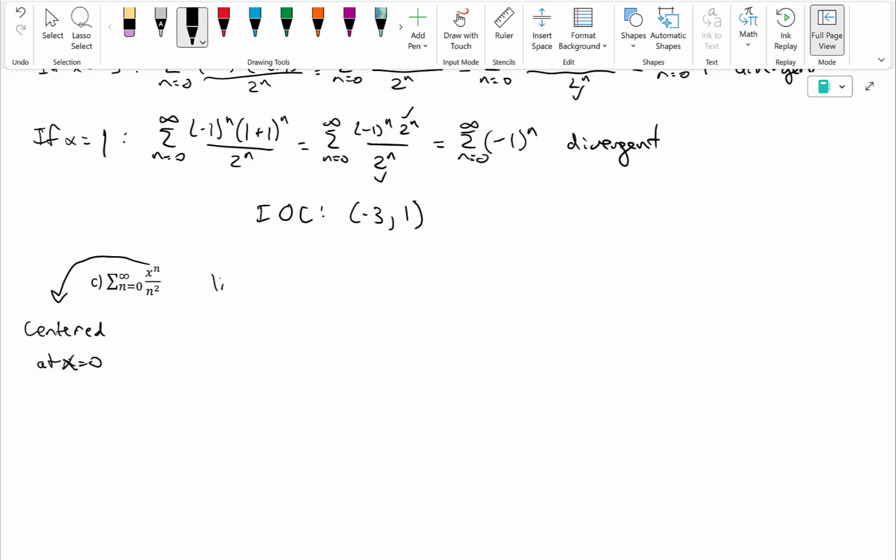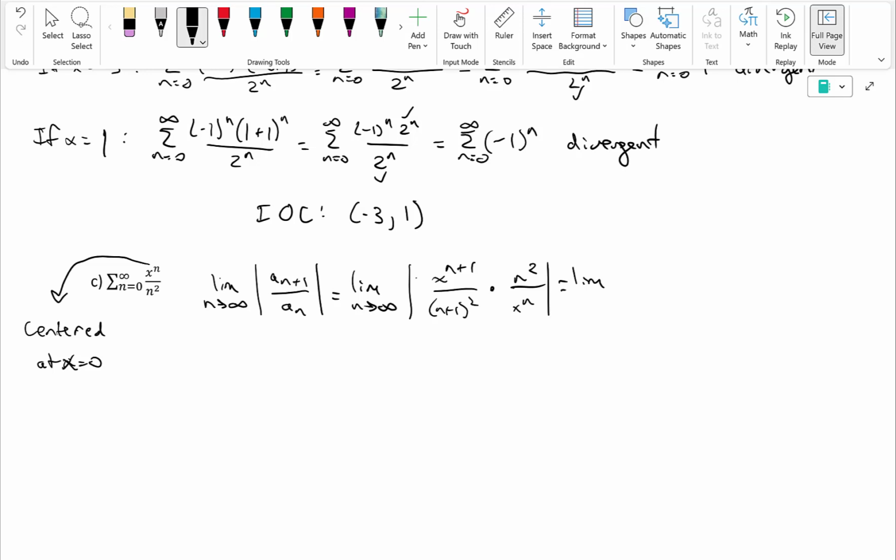All right, if we look at the limit to find out where we're convergent, we've got the limit as n approaches infinity with that ratio test, a sub n plus 1 over a sub n, which gives us the limit as n approaches infinity of x^(n+1) over (n+1) quantity squared times the reciprocal of the original, n squared over x^n. That will give us the limit as n approaches infinity of the absolute value of x times n squared over (n+1) squared.